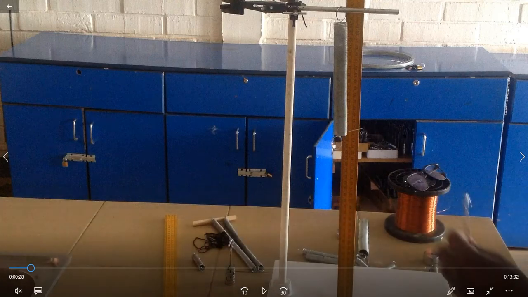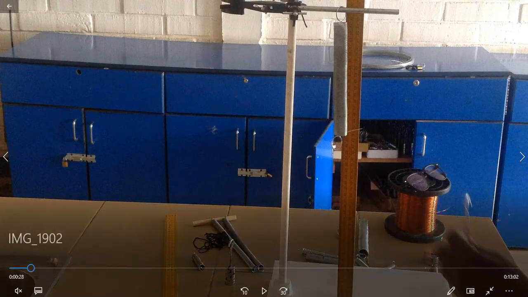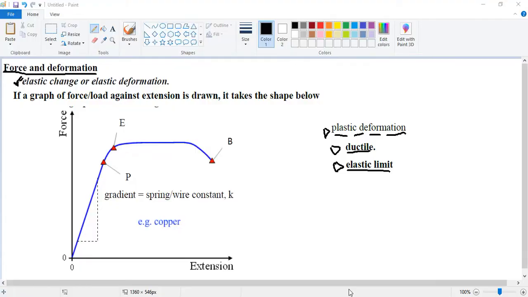For an elastic deformation, if the deforming force is removed, the material is able to go back to its original shape. So when the deforming force is removed, the material is able to go back to its original length. That is, if it has undergone an elastic change.